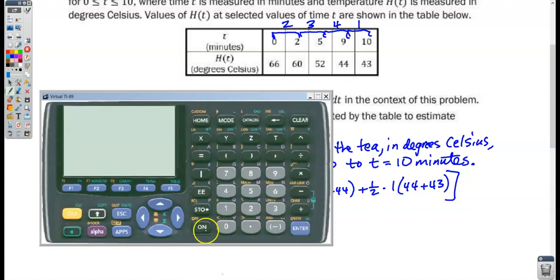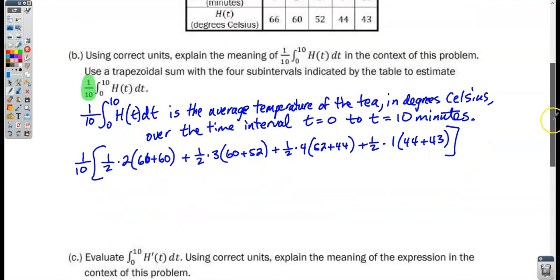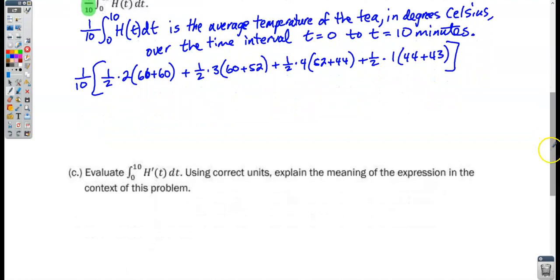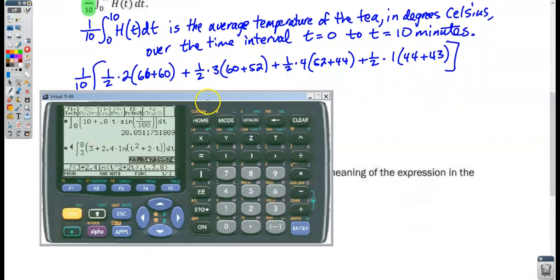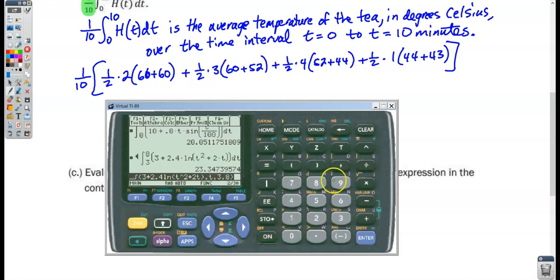Now this is a calculator section, so I'm going to turn to my calculator. I'm going to use that 1/10 times, and I can pull the 1/2 out in front.